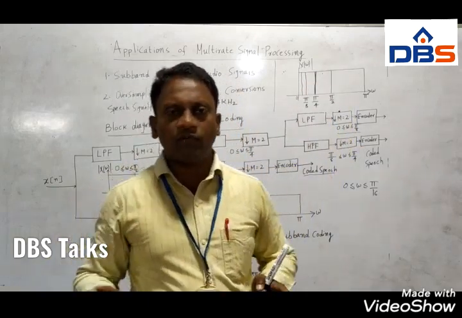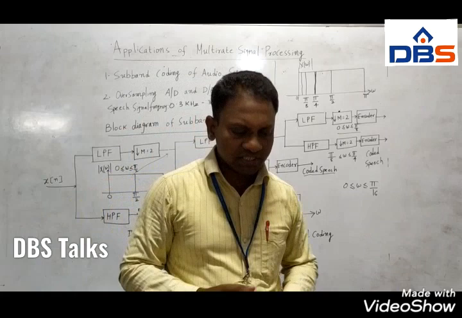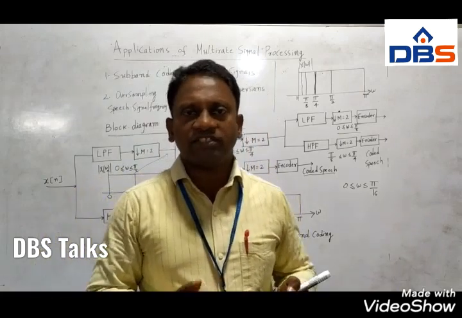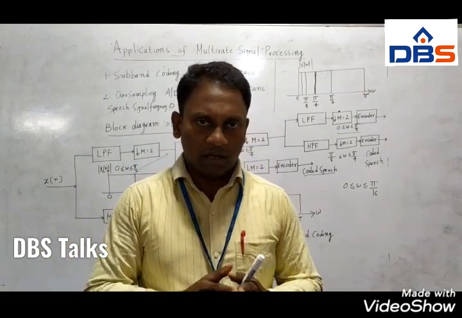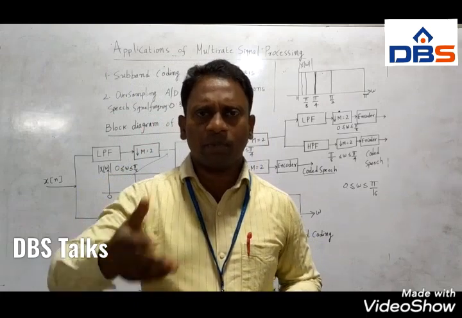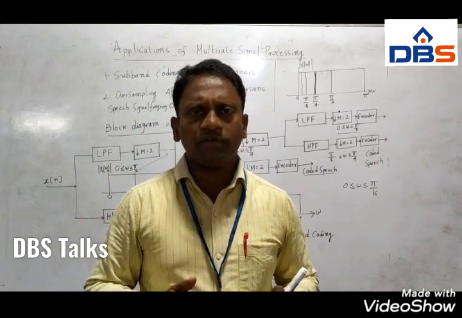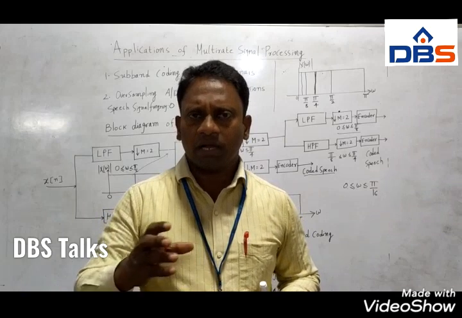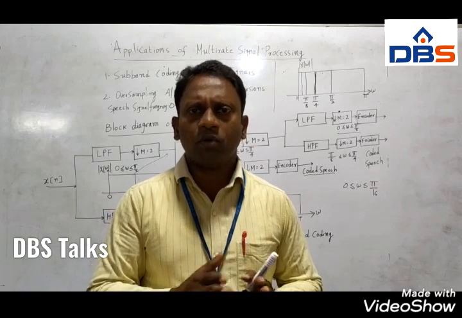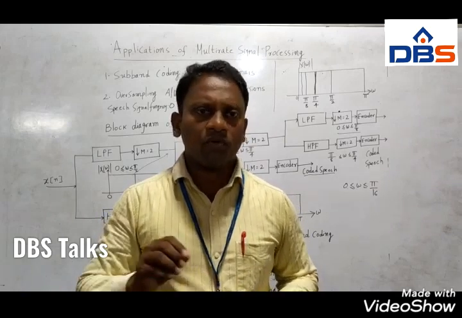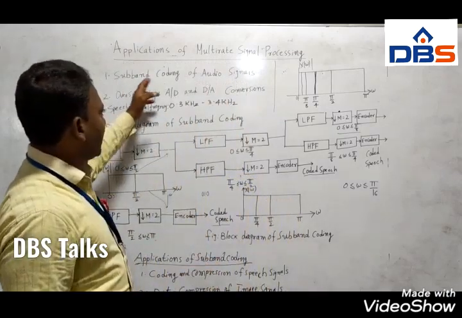So clearly what we are seeing in this discussion is that the low frequency spectrum is coded heavily, which means with a higher number of bits, and the high frequency content is coded with a smaller number of bits. That is what is called subband coding.